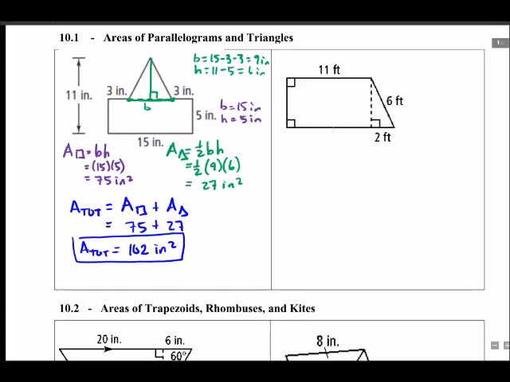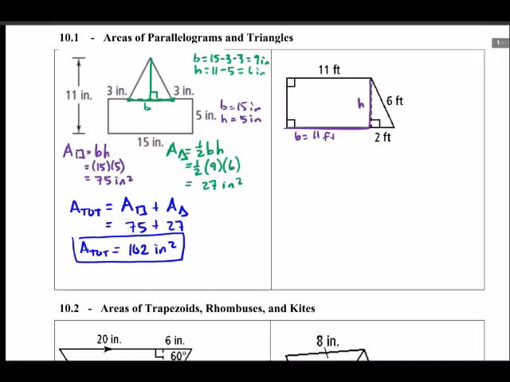Let's look at our next figure, and we're going to break this into a rectangle. And I see that our rectangle here, the base of the rectangle is right there, so it has to be 11. Base equals 11 feet, and we need to know the height. This is the height of both our triangle and our rectangle.